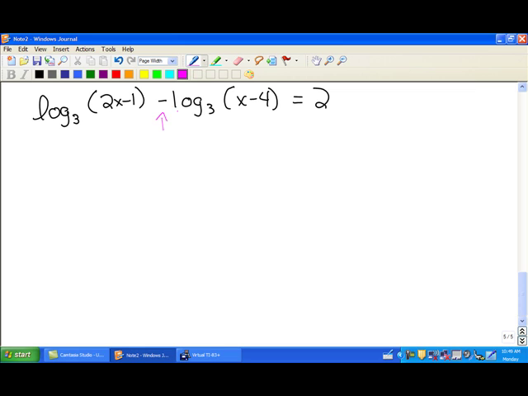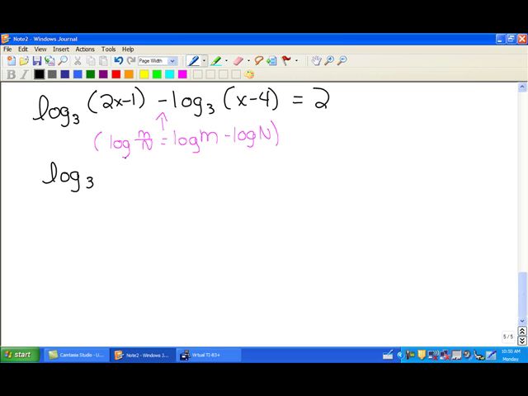The property that should be standing out to you because of that subtraction sign is the division property that says if we have the log of m divided by n, that is equal to the log of the top factor minus the log of the bottom factor. So we're going to contract back to a single log.